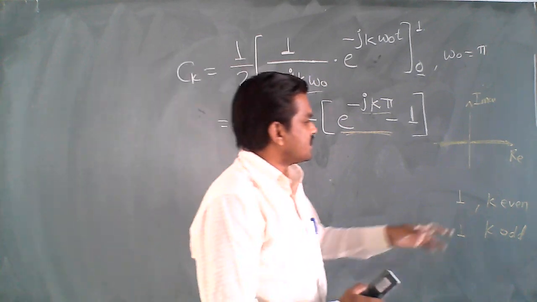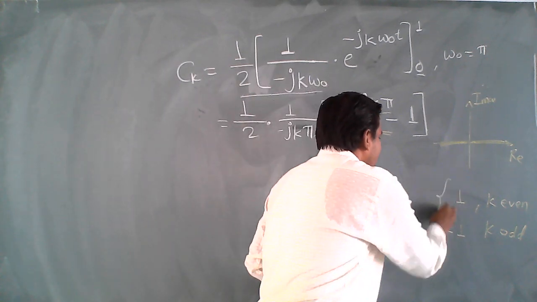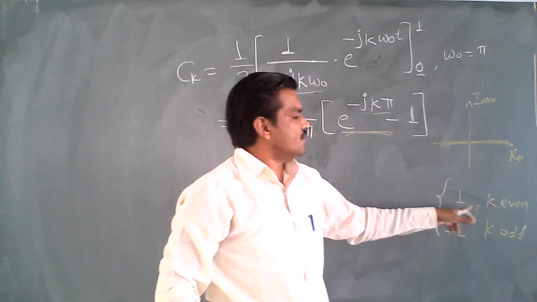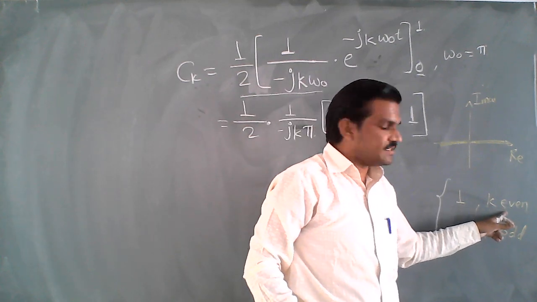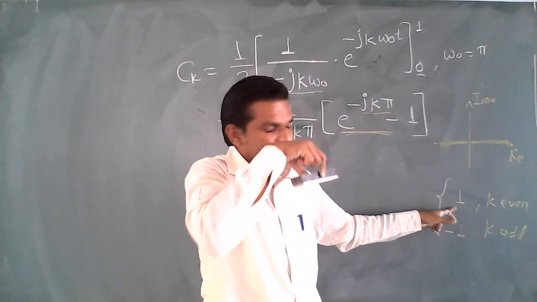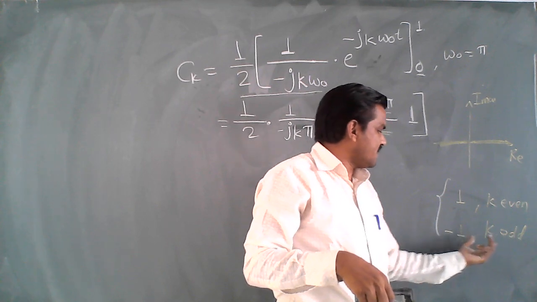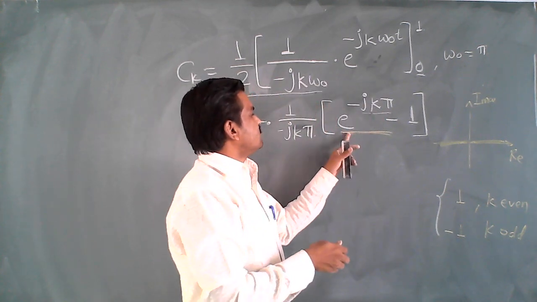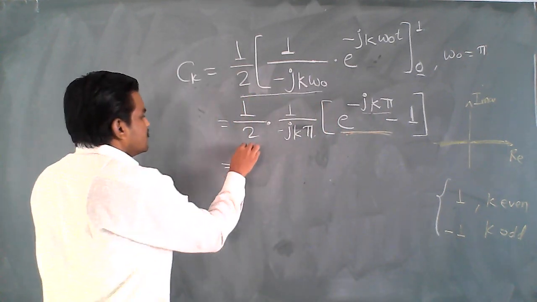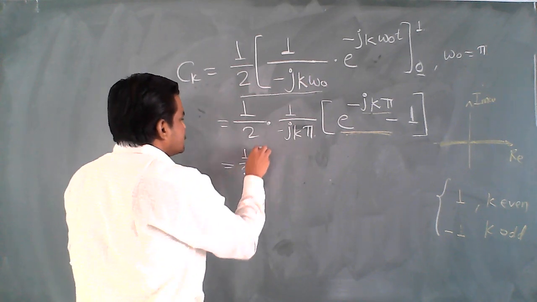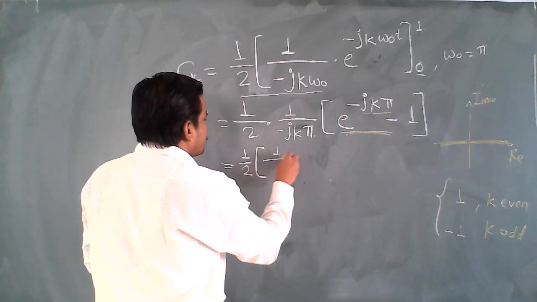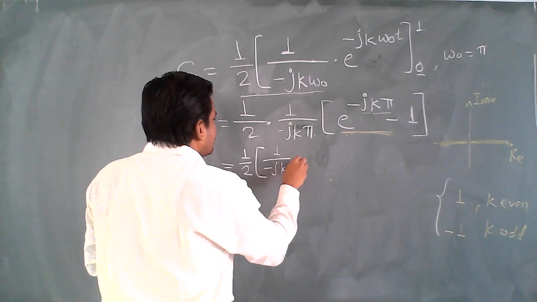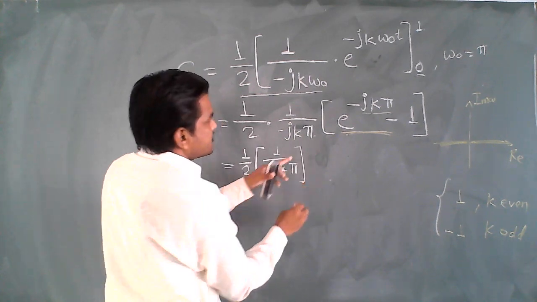Now if you look at this, for even k we have the value 1 as magnitude, and for odd k we have minus 1. So this particular term becomes 1 by 2, I am writing as it is, and then 1 upon minus j k pi. Okay, this term is as it is.